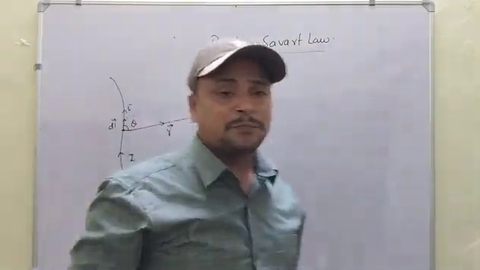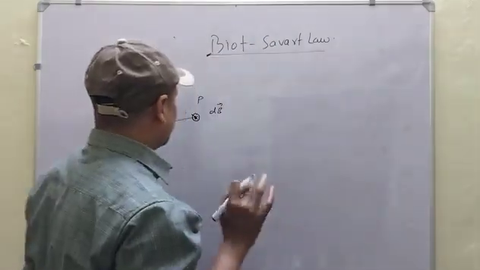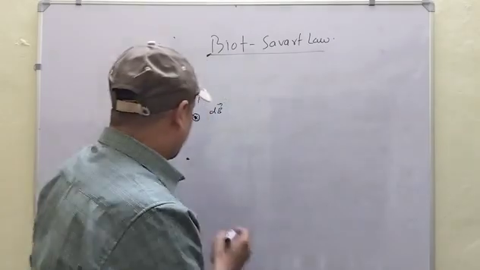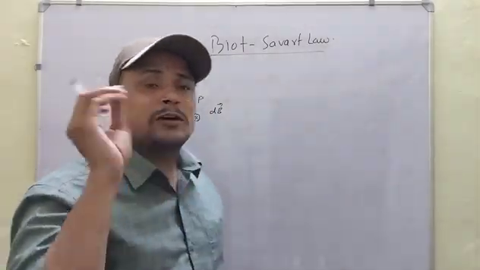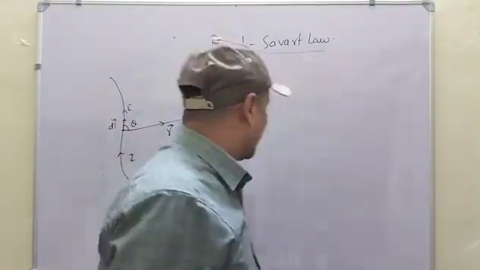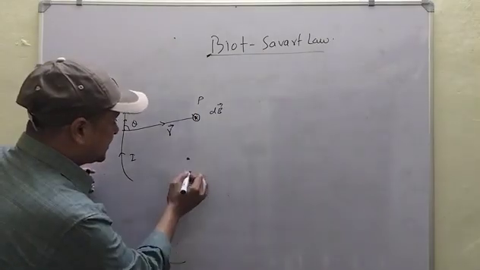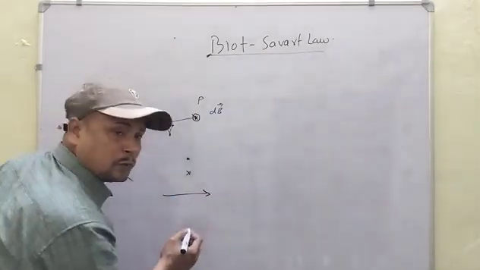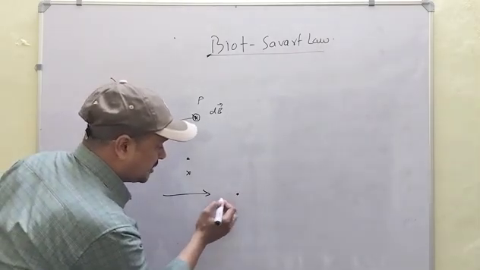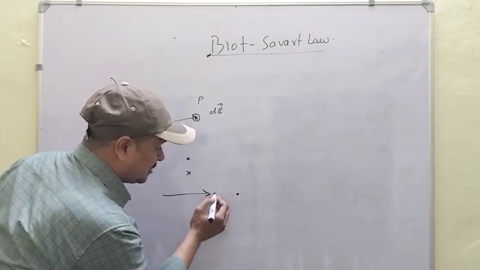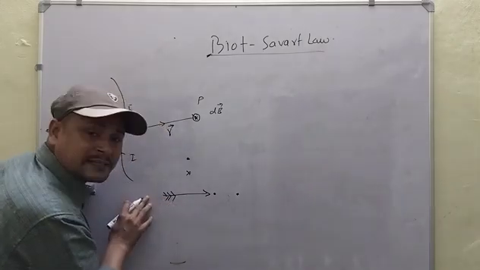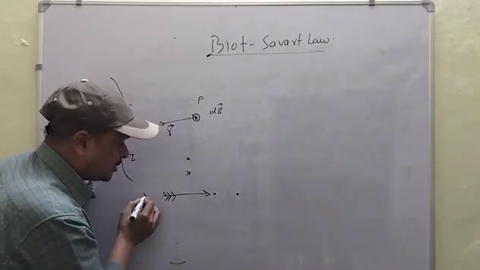And one more thing, in physics, a dot means something coming outside, and a cross means any vector which is directed into the board or the paper. Okay, so how are we getting this? Just suppose we draw an arrow. If you see from here, you will see a dot, and if you see from the back side, there will be a cross.